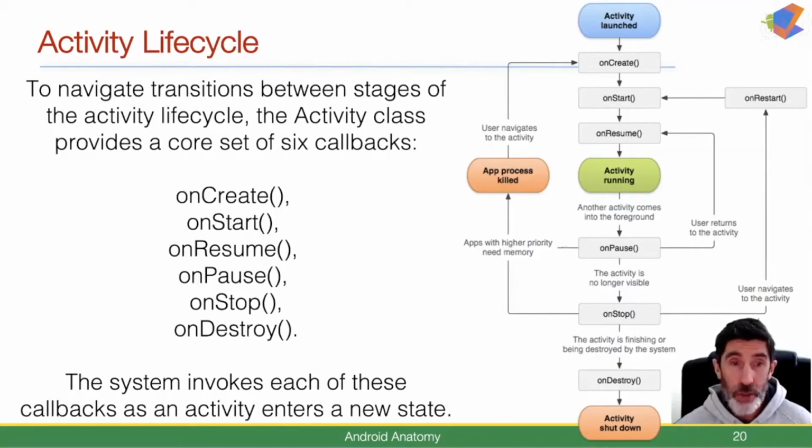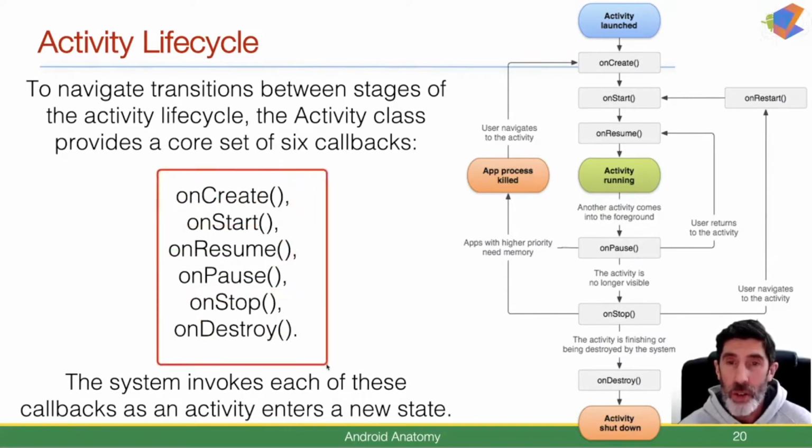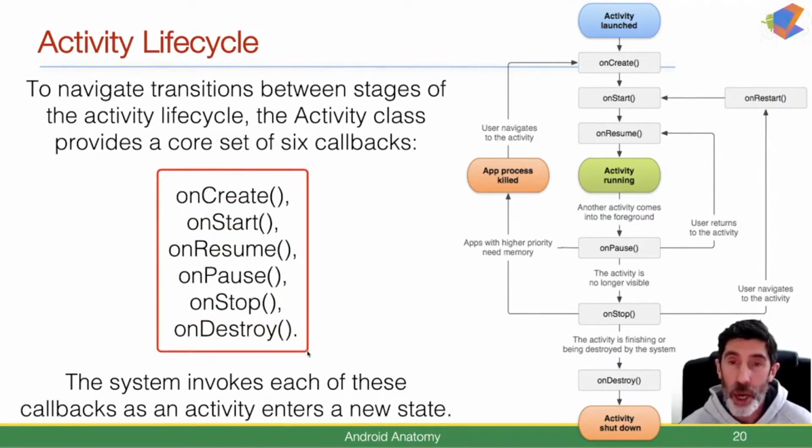Just to talk a little bit about the life cycle itself. To navigate transitions between stages of the activity life cycle, the activity class provides a core set of 6 callbacks, and there they are here at the moment. So we have our onCreate, onStart, onResume, onPause, onStop, and onDestroy.